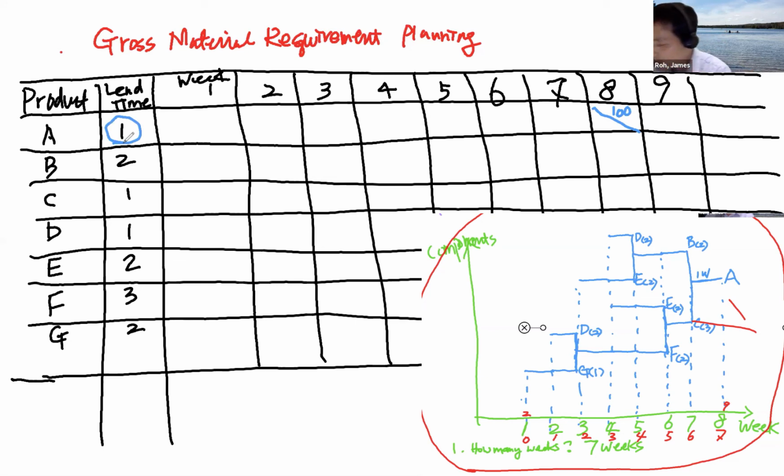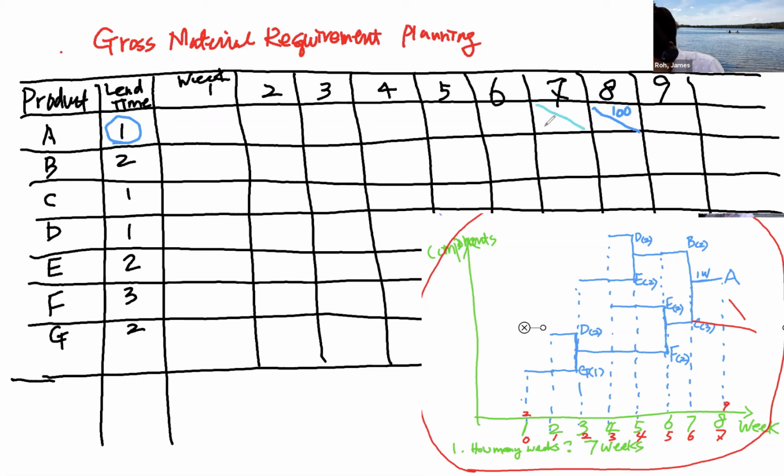So for your reference, this is required date and this is order date. Upper half is required date and bottom half is order date. So 100 is required at week 8. However, it takes 1 week for us to make it, so it has to be ordered 1 week in advance. So we say here, let me change the color.